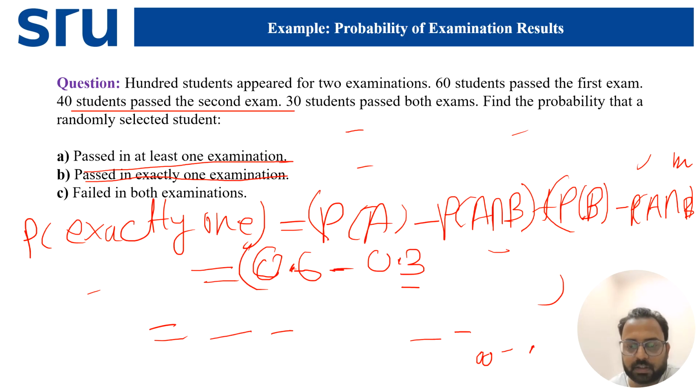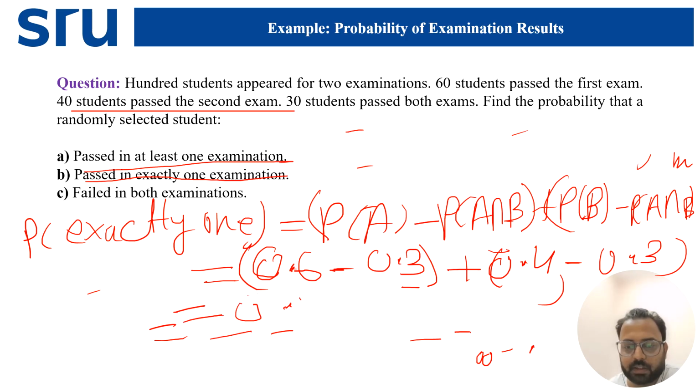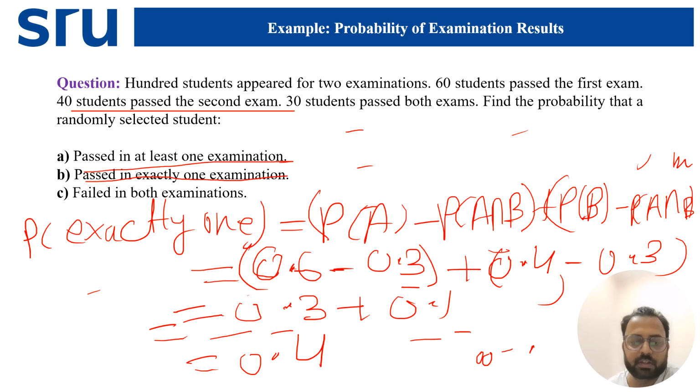So 0.6 minus 0.3 plus probability of passing the second exam, 0.4 minus 0.3. 0.6 minus 0.3 is 0.3, plus 0.4 minus 0.3 is 0.1, which is equal to 0.4. So this is the probability of passing exactly one.